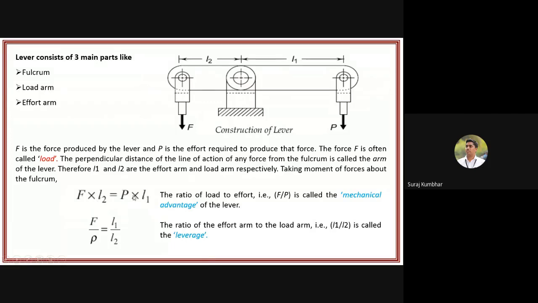Once you rearrange the terms, F upon P is equal to L1 upon L2. That is mechanical advantage and leverage. This question may be asked in the exam. It is most important. What is mechanical advantage and leverage? You have to explain all these things with diagrams.